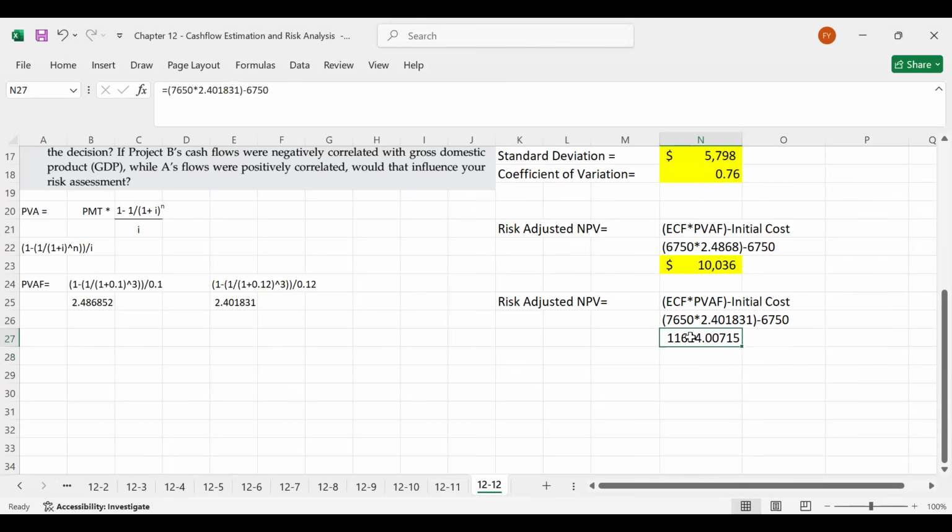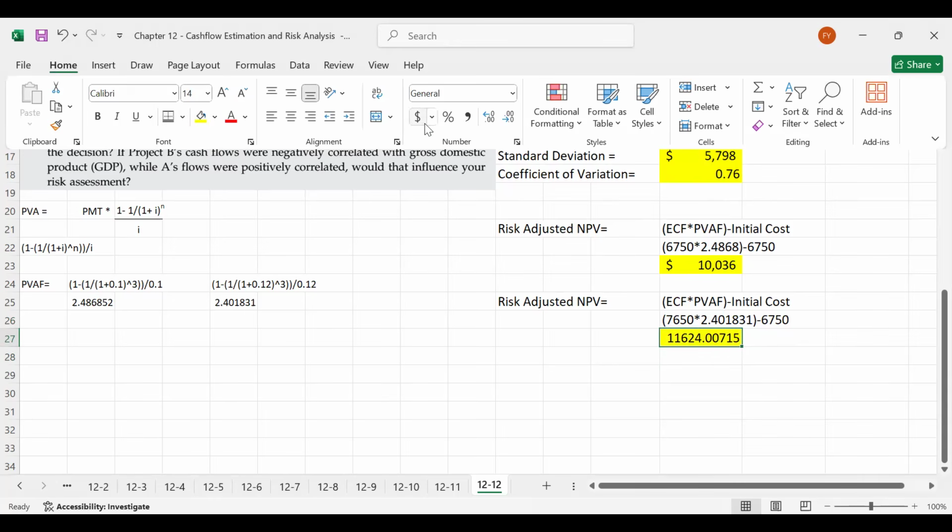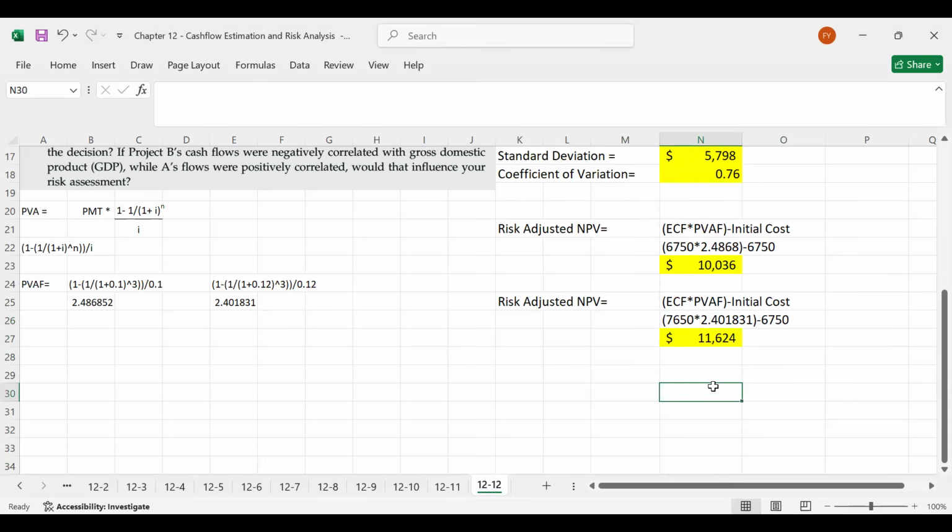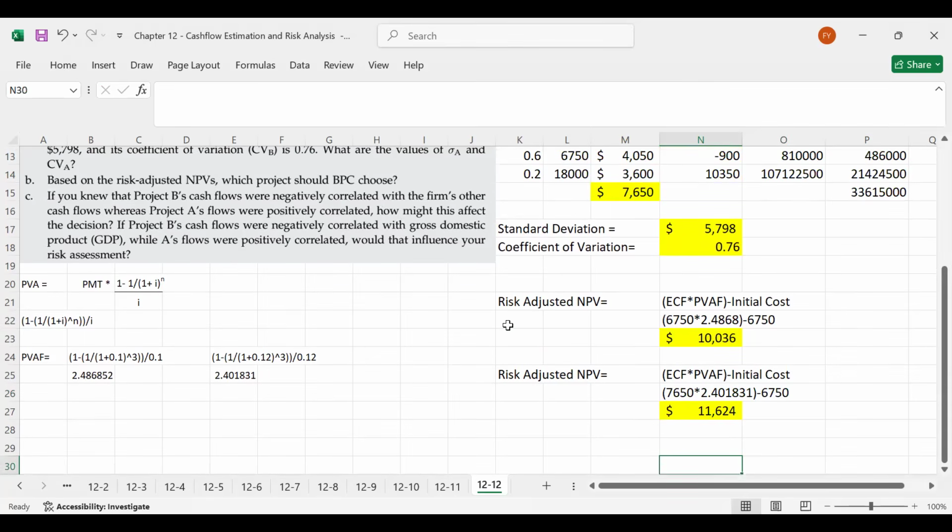So this is our risk adjusted NPV for project B, and it is in dollars. So this is the second calculation. This is for project A, and this is for project B.